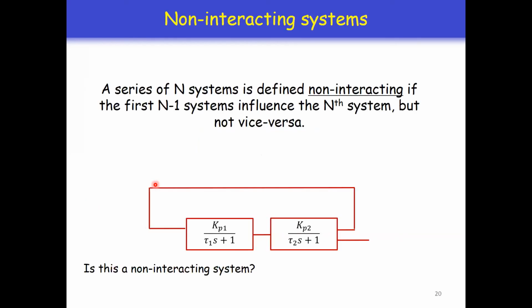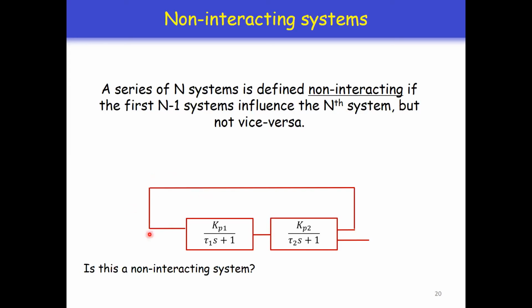Well, first important implication: a series of two systems that are non-interacting will give rise to a second-order overdamped system. But before understanding this, we have to introduce the concept of interacting or non-interacting systems.